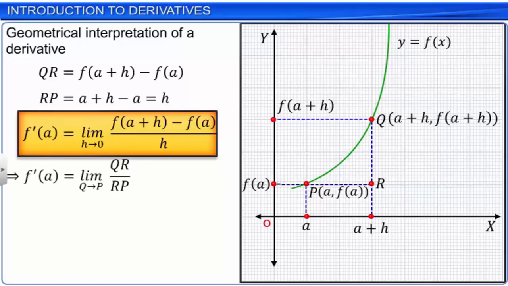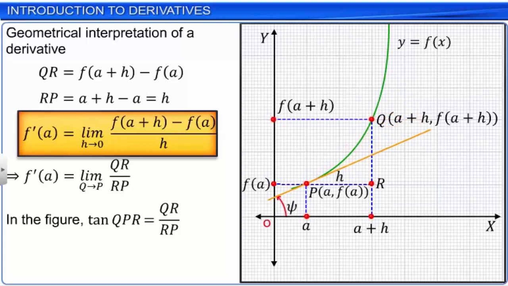In the figure, this is equivalent to QR divided by RP, where point Q tends to P. The ratio in the limit is equivalent to tan QPR. This means that chord PQ tends to become a tangent at point P. Now, the limit is equal to the slope of this tangent.